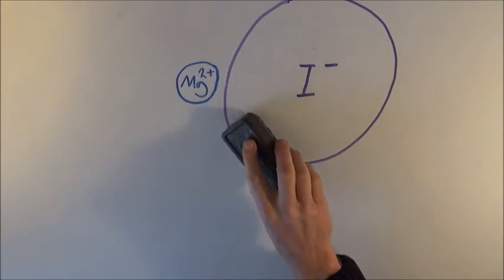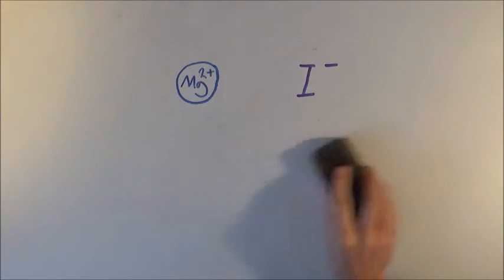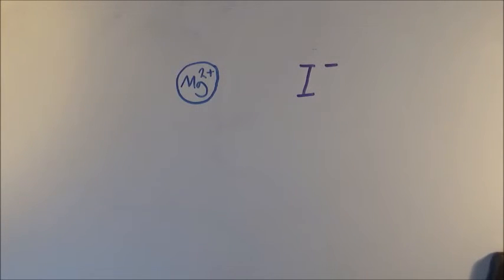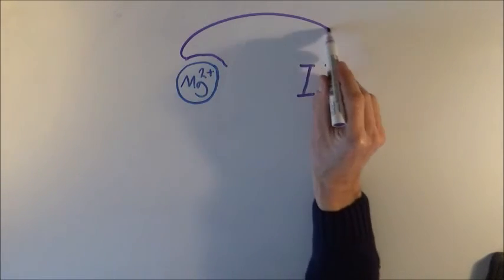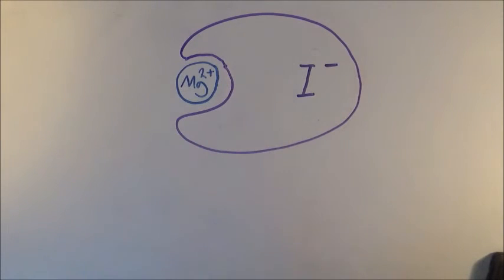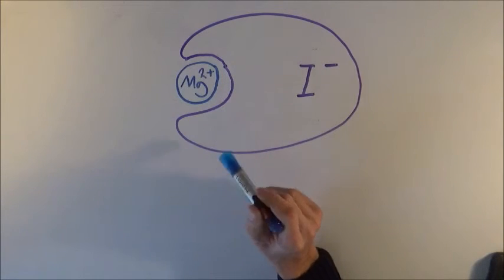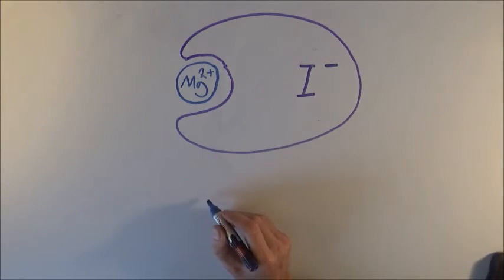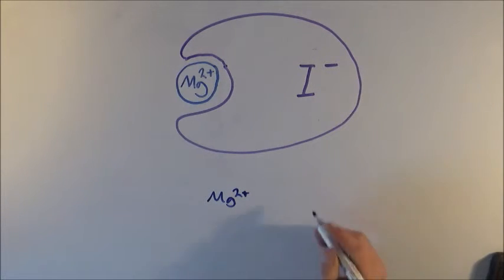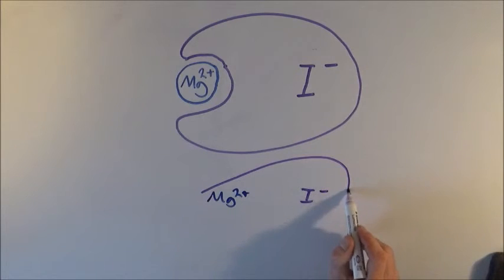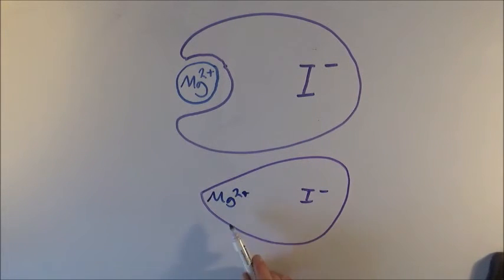So its cloud of electrons is going to get drawn and distorted over the magnesium, then eventually you will get a little bit of overlap between the electron shells, if you like. So we've got the magnesium ion there, and the iodide ion here, but in some regions there will be overlap, so there'll be a component of covalent bonding.